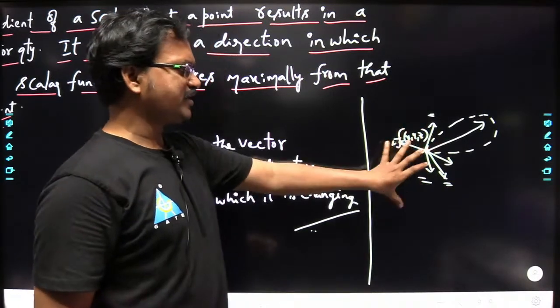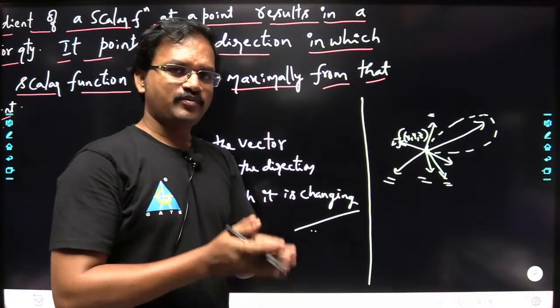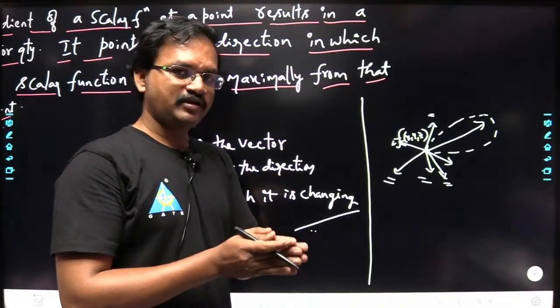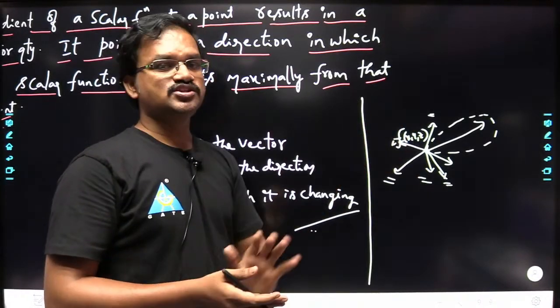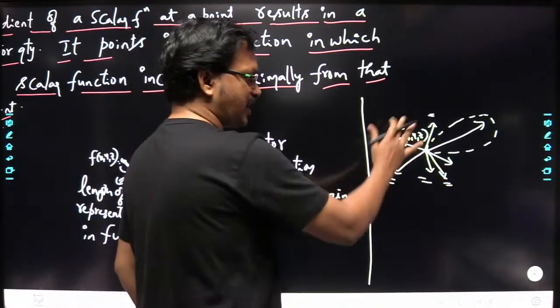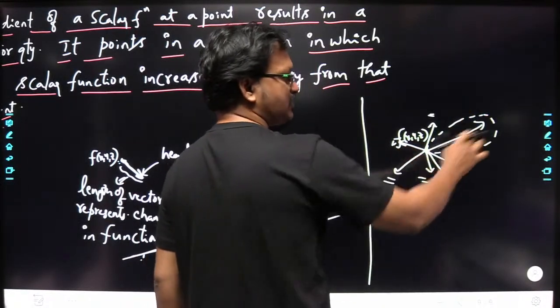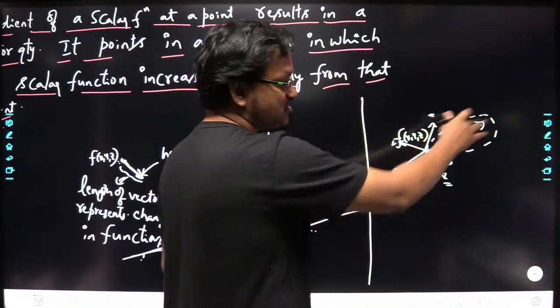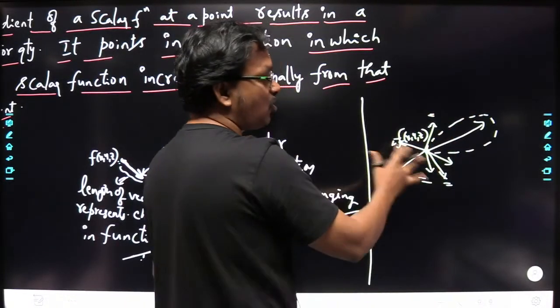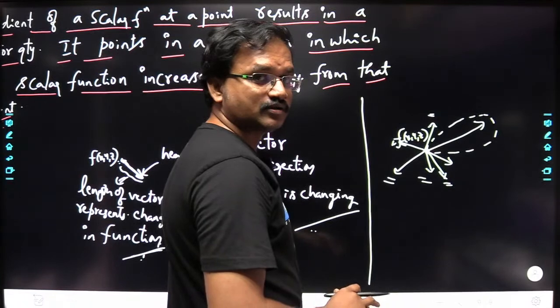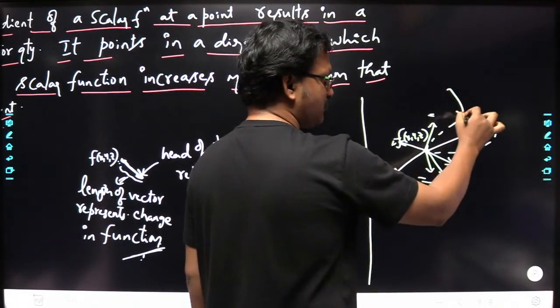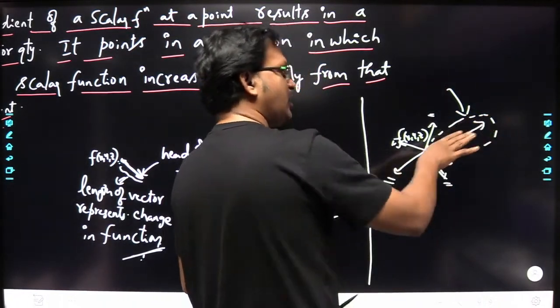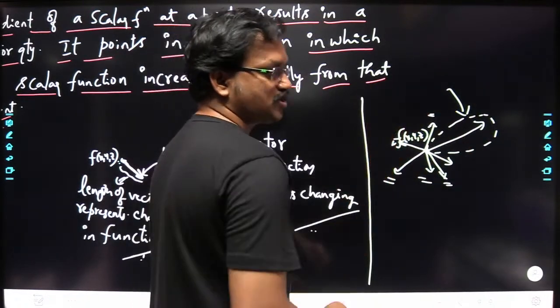I am not interested in all the other directions here. If you observe this diagram, in this direction the length of the vector is more. That means the change in function in this direction is more when compared to all the other directions. So I want to determine this direction in which this function is changing maximally.